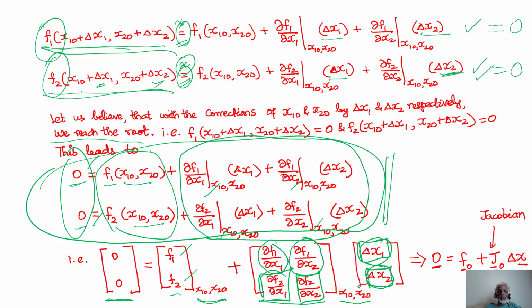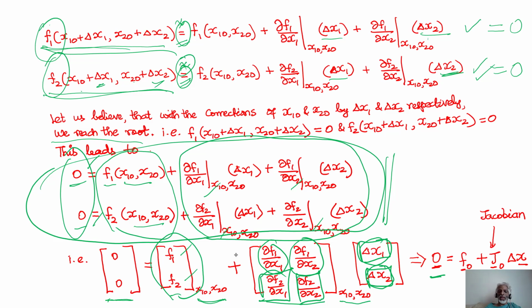So what happens is, in a very nice form, I can write the left-hand side as the 0 vector is equal to the function vector evaluated at my current guess values, which are x1 naught and x2 naught. This f underscore means it's going to be a vector. Here, in our illustration, it's going to be a vector of two functions, and the functions are evaluated at my current values of x1 and x2, which are nothing but x1 naught and x2 naught.